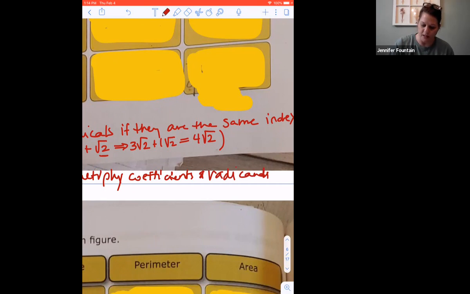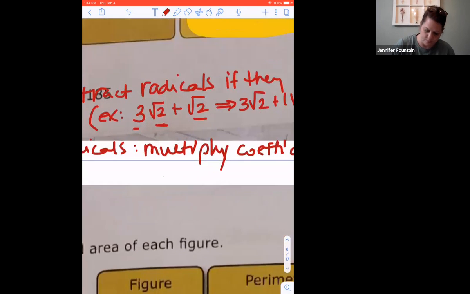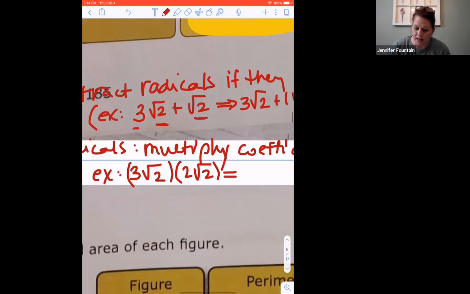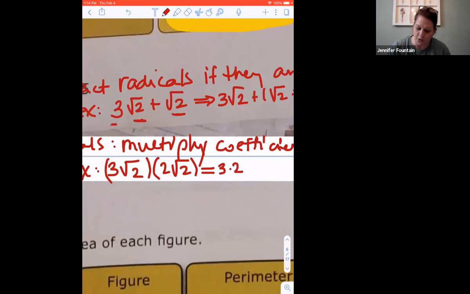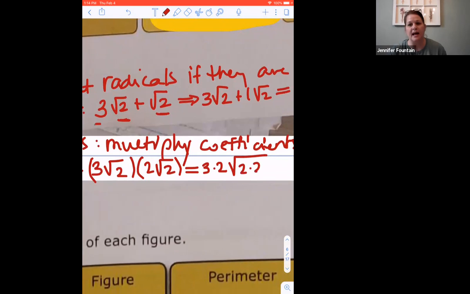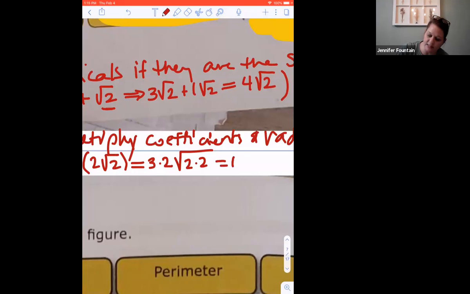So the example of that would be if I had 3 times the square root of 2 times 2 times the square root of 2. In that situation, I multiply 3 times 2 on the outside, and on the inside, I put 2 times 2 because I have 2's under my radicals. 3 and 2 are outside the radical, 2 and 2 are inside the radical. So then I have 6 times the square root of 4.